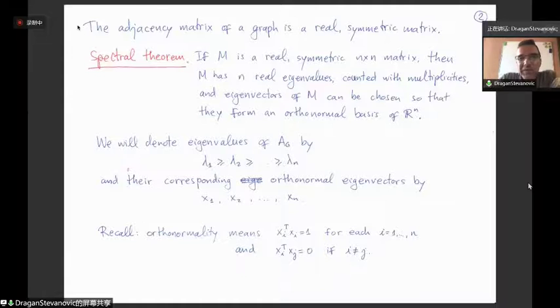So what is important for us is that the adjacency matrix is a real symmetric matrix, which means that we can start considering its eigenvalues and eigenvectors. Why do we go straight to eigenvalues and eigenvectors? Well, because we hope that some information about the graph will be contained there.